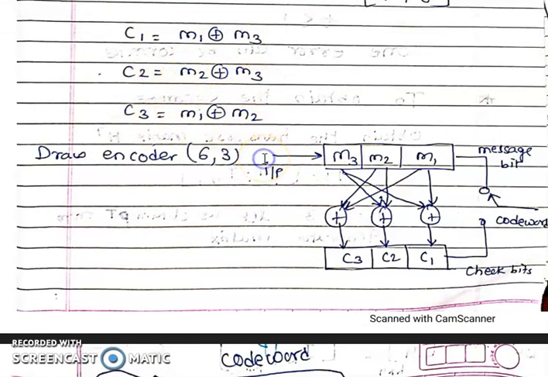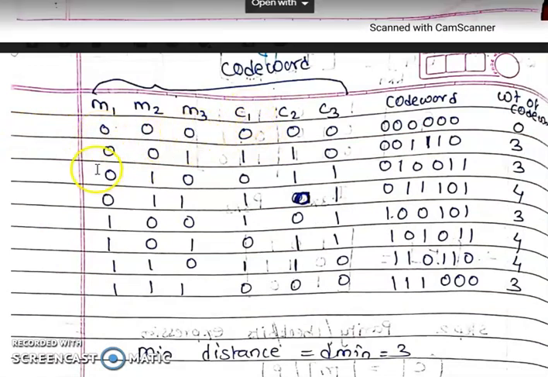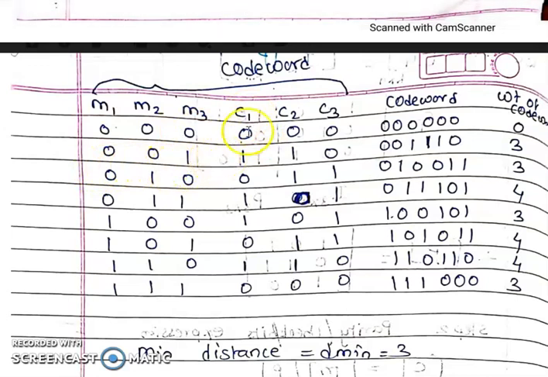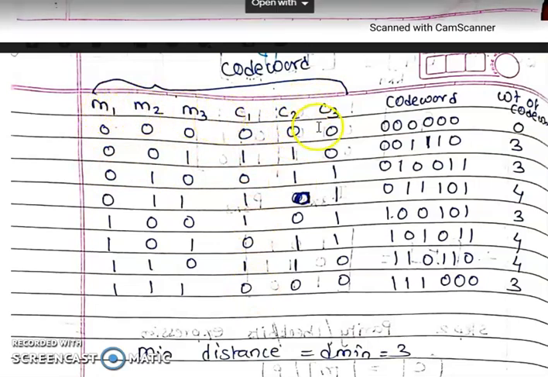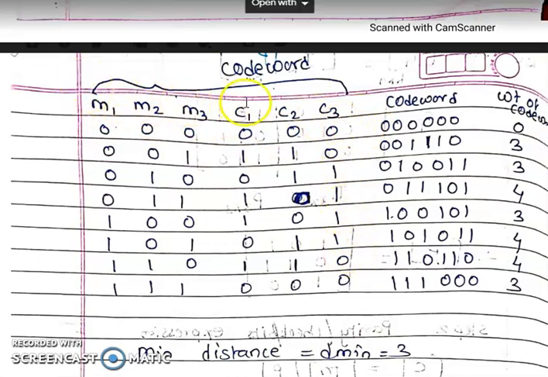So to complete this table, every time I XOR M1 and M3, I complete the C1 column. Similarly, for C2, according to the C2 equation, I XOR the particular bits, and this column is completed. Then the C3 column is generated by XORing M1 and M2 according to the equation. So this is the message bits followed by the check bits.